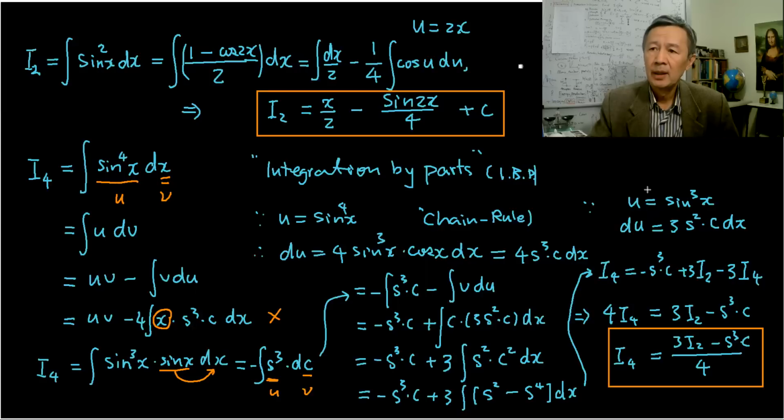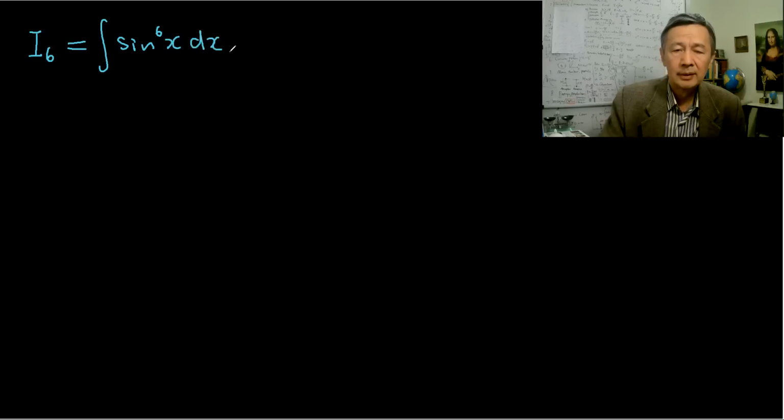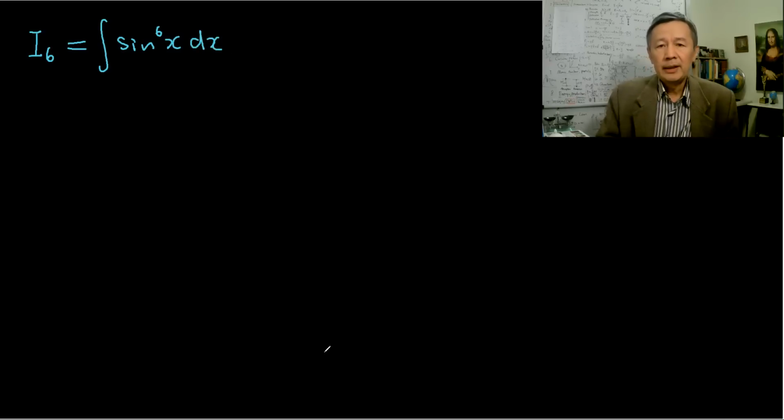After this preparation, it's time for us to deal with a relatively nasty integral, when the power is equal to 6. So now it's time to deal with I6 equal to the integral of sine to the power of 6 dx.